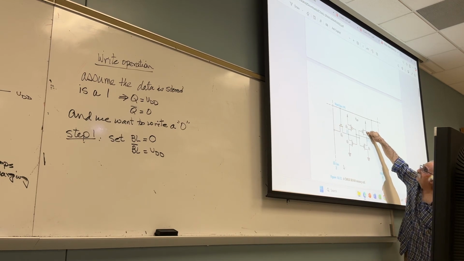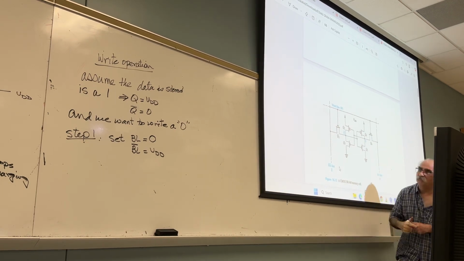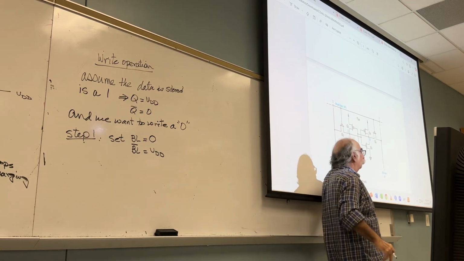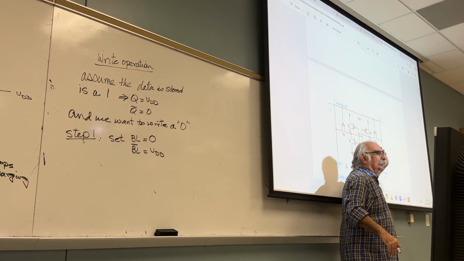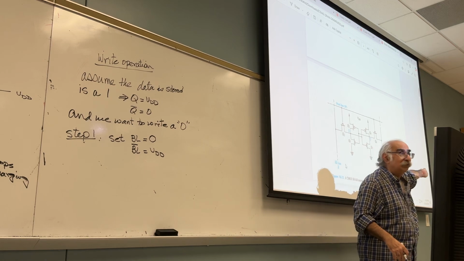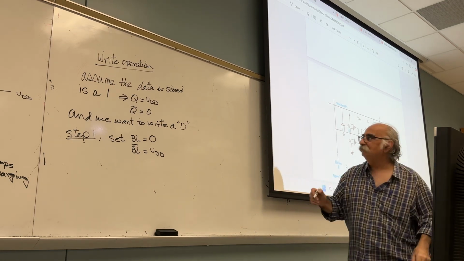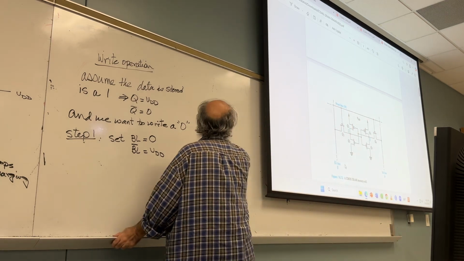So the current going this way, let me show it to you. I'm showing you the right side, the right hand side. We'll get to the left hand side in a minute. Right hand side, what does it look like?